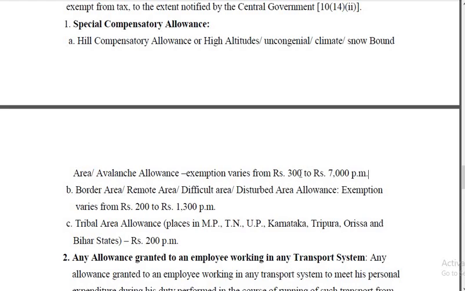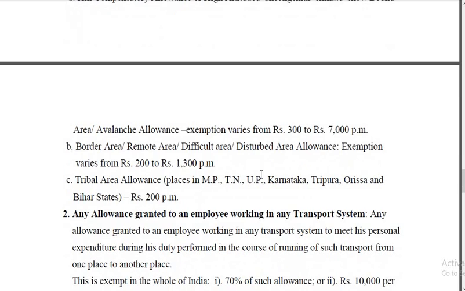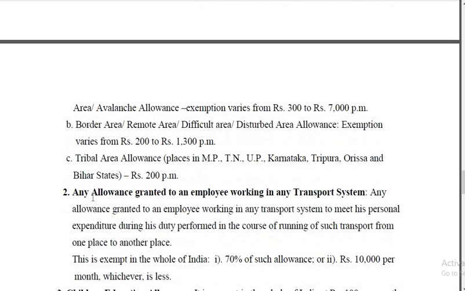The allowance may vary. So it varies from 300 to 7,000 per month.